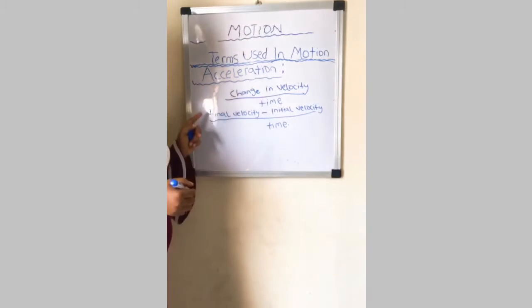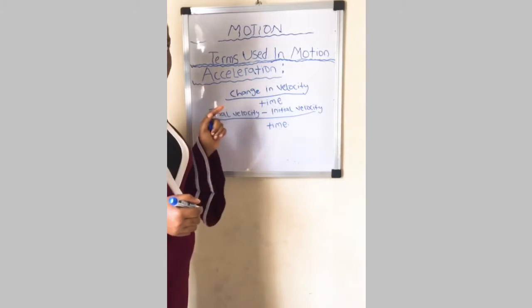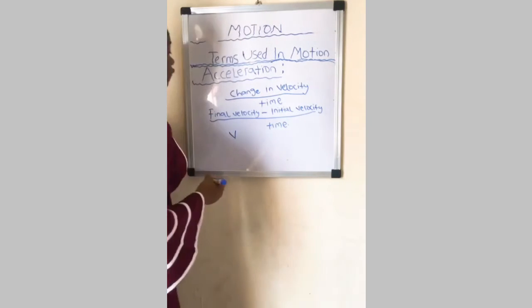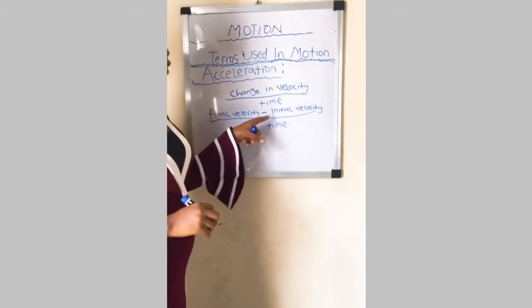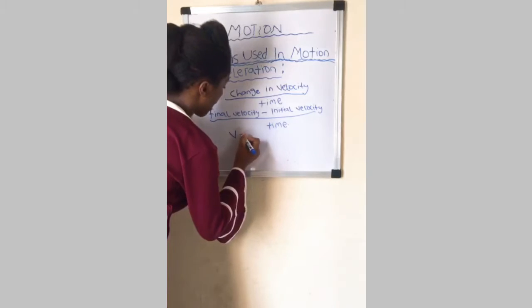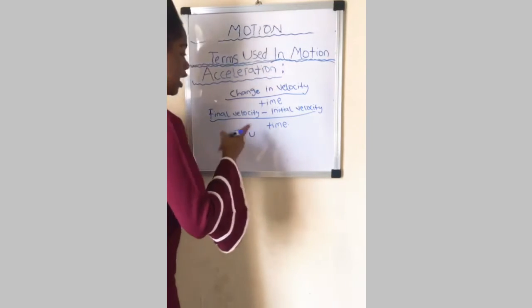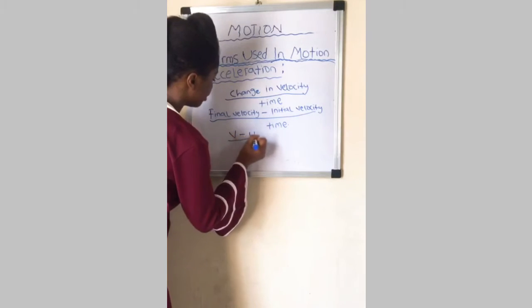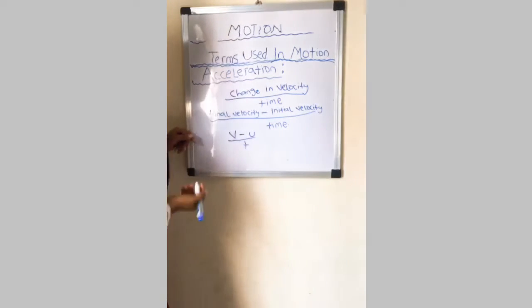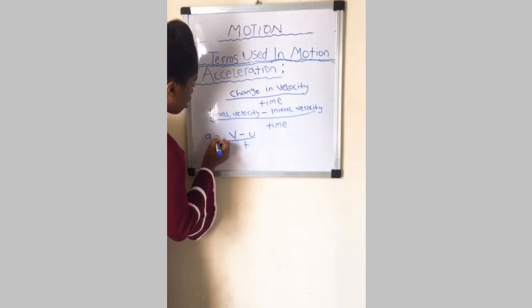Now this final velocity has a letter that denotes it, which is v, and initial velocity also has a letter that denotes it, which is u, and of course time is t.